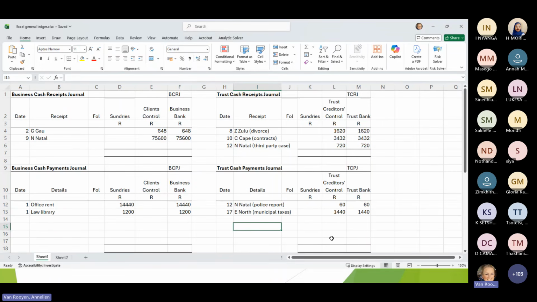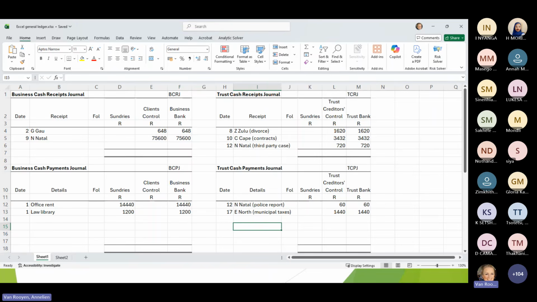Let me just see, when did we have eNorth? Oh, he had a balance on his account. I'm just going to skip that 17 for now. There you are. You do have it there.